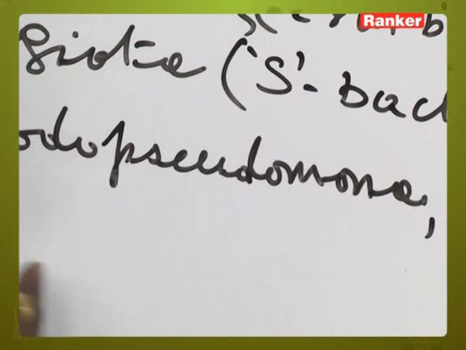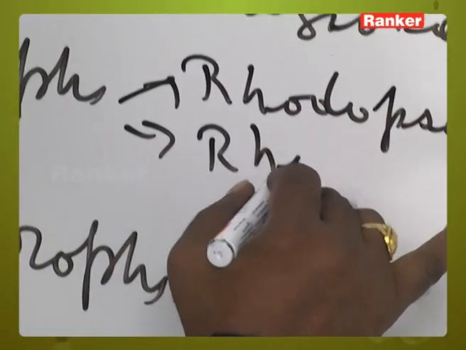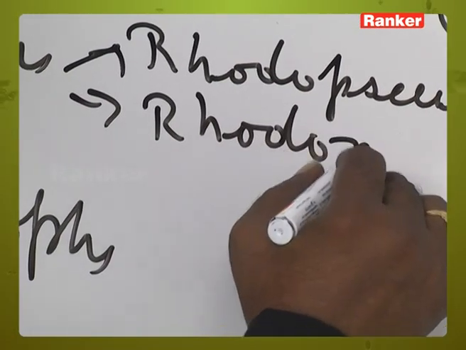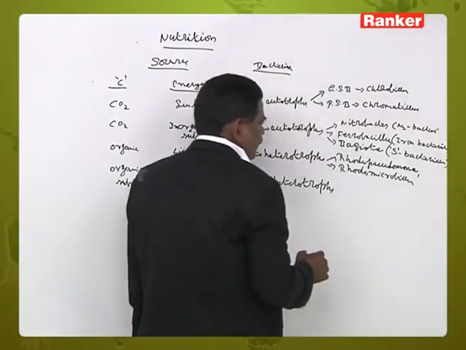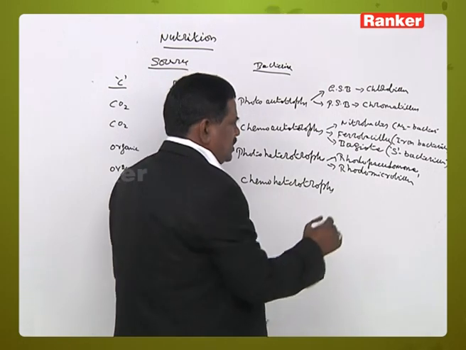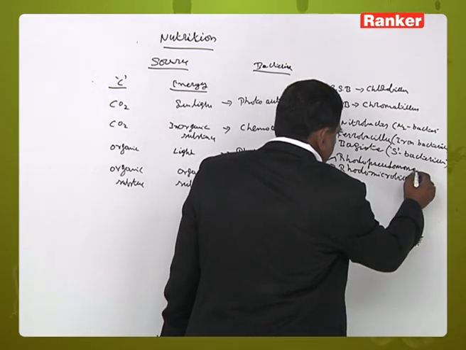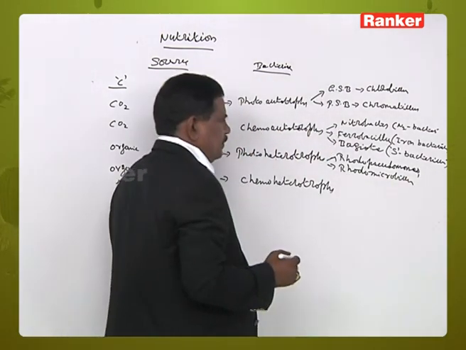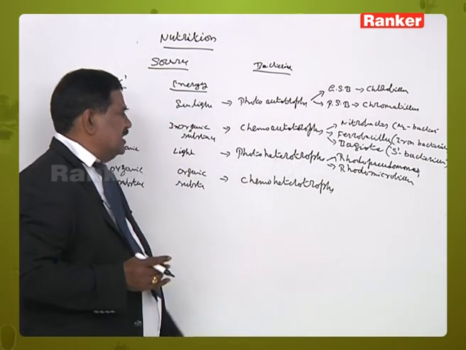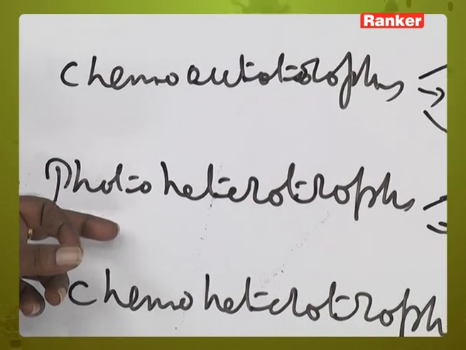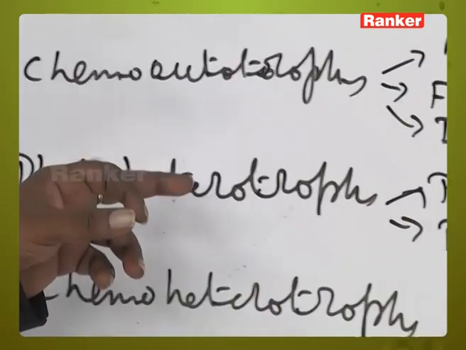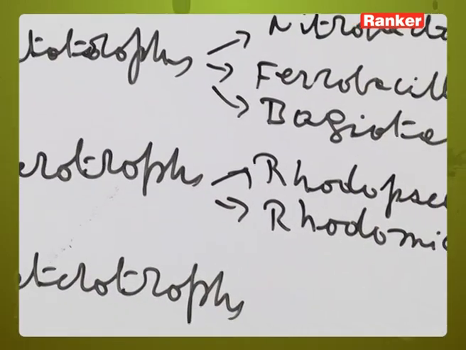Examples: Rhodopseudomonas, Rhodomicrobium. These are examples of photoheterotrophs. They derive energy from sunlight and carbon from organic substances.